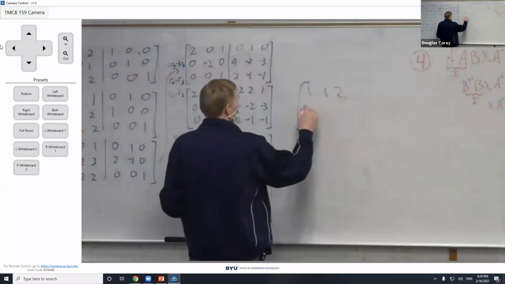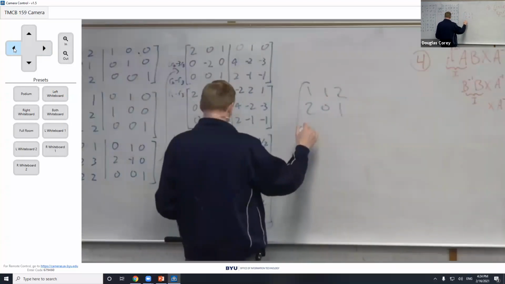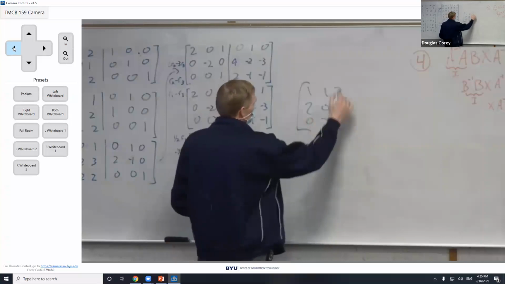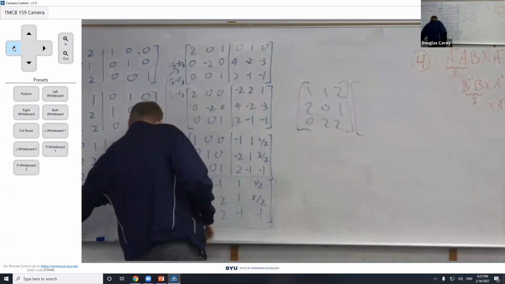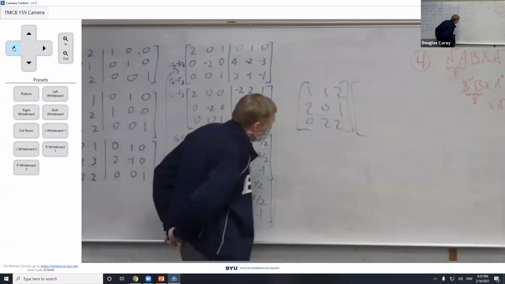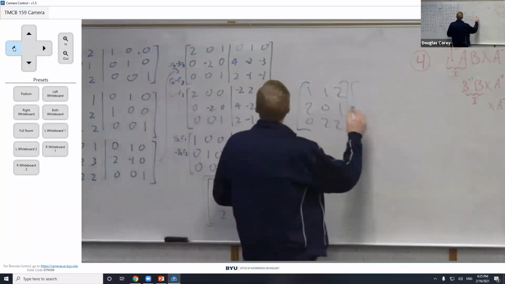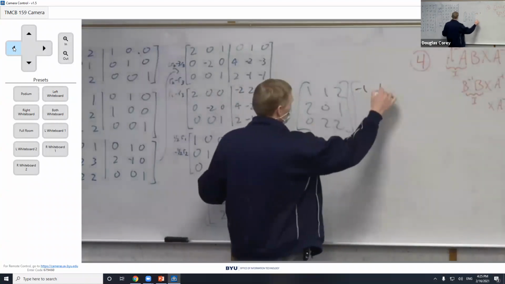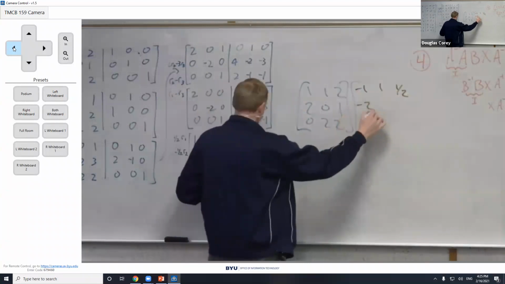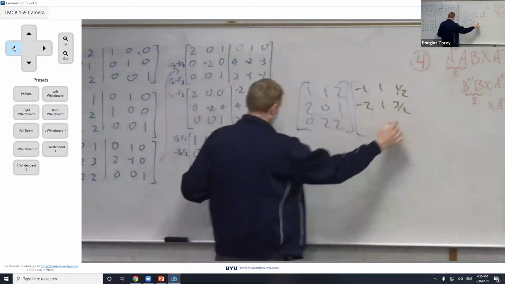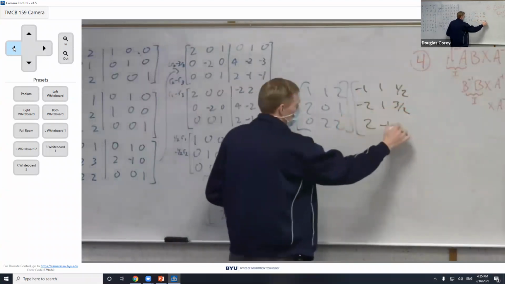1 1 2, 2 0 1, 0 2 2. You can actually multiply it by the matrix with rows -1, 1, a half; -2, 1, 3 halves; 2, -1, -1.